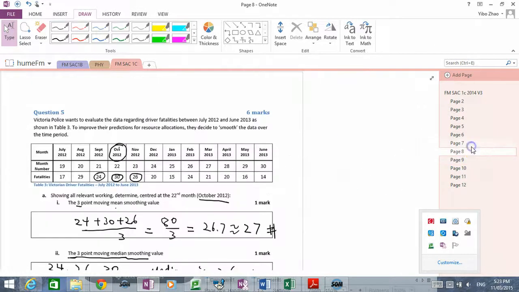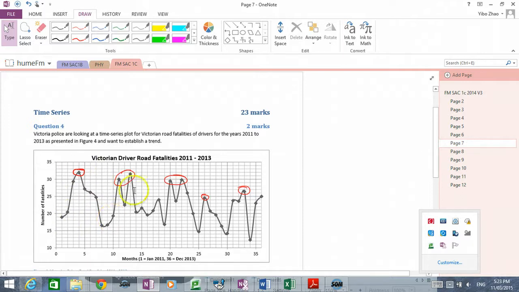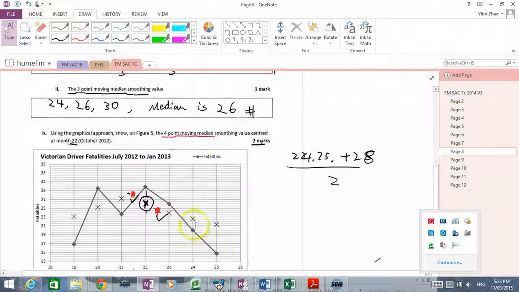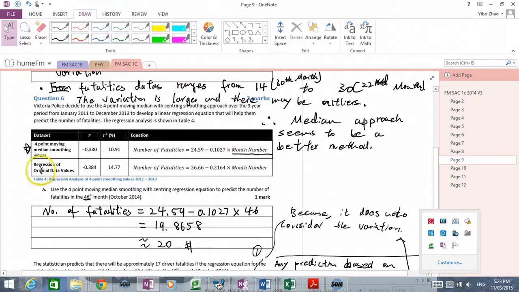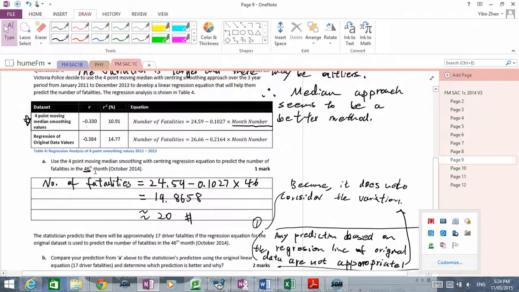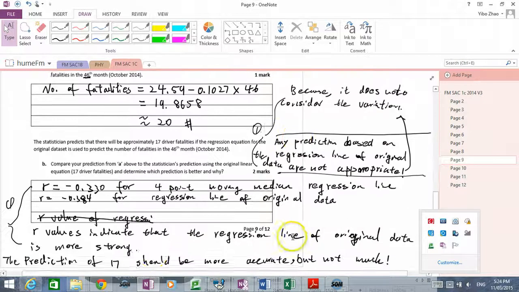The data goes up and down, up and down. So the prediction from the original regression line must be not appropriate, even though it has a stronger R value. That's what you need to write down.